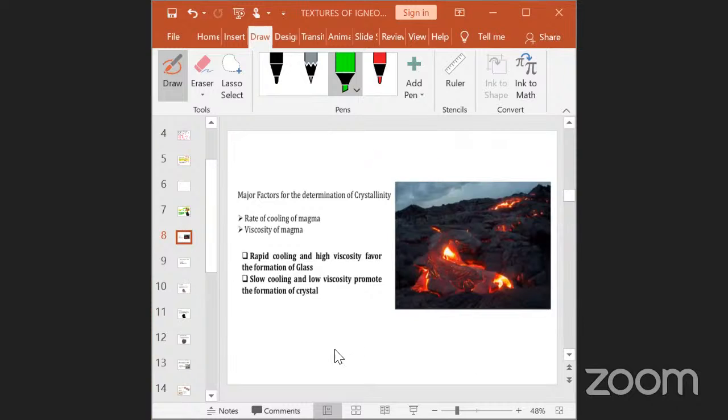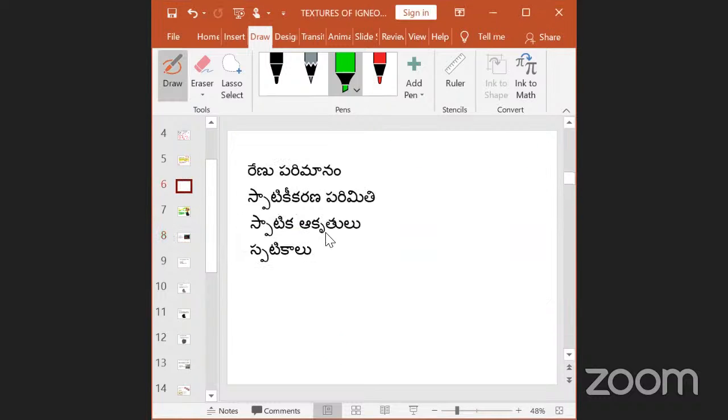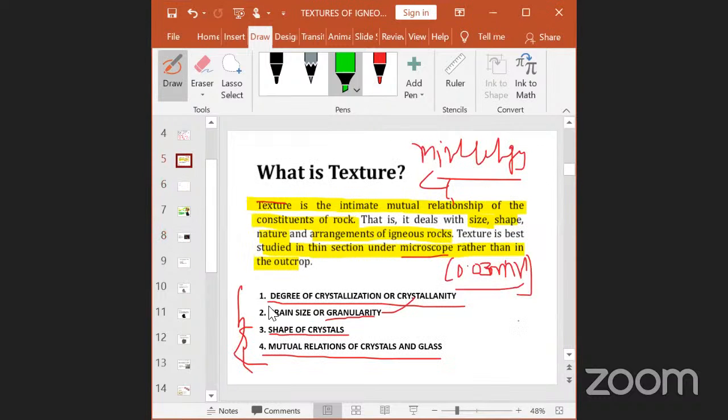So the first one is this one: degree of crystallization or crystallinity. Texture based on the degree of crystallinity. The igneous rocks are formed due to what? Cooling and solidification of magma or lava, right?